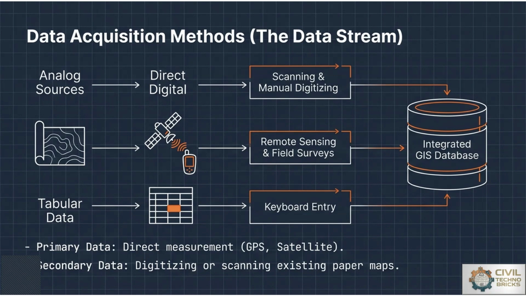So the analog sources are the input: existing maps, tabulated attribute data, or vector data are also inputs. With respect to that input, there is the direct digital process, where satellite user connectivity is there, or any tabulated data with rows and columns selected by the user. In that procedure, scanning and manual digitizing are there.